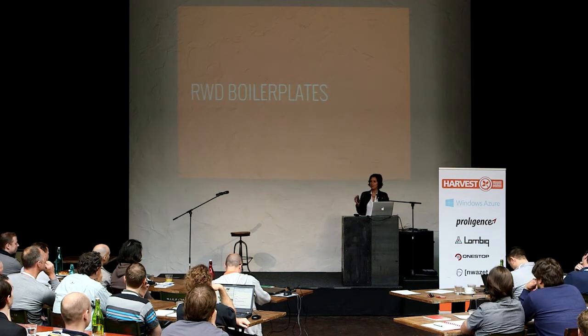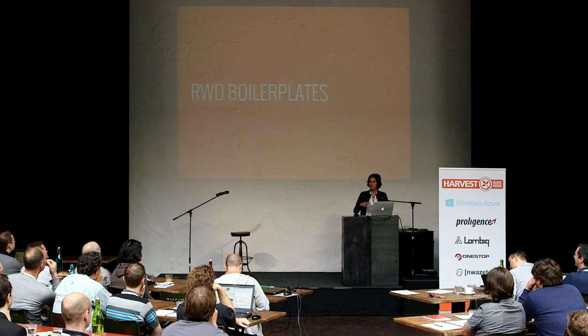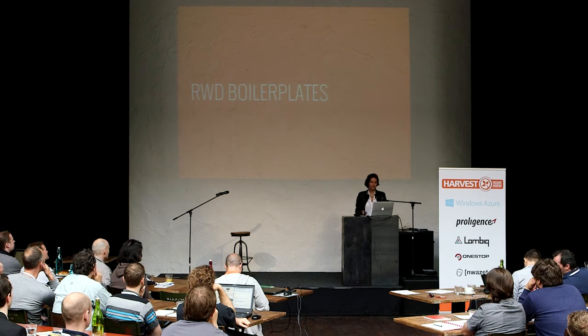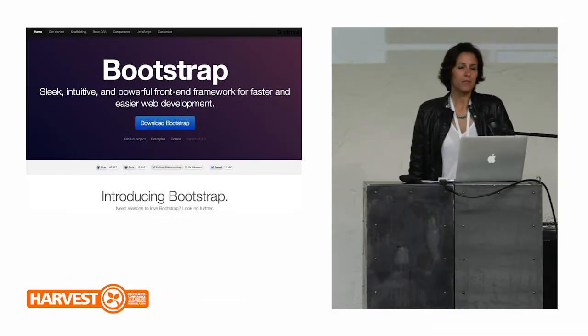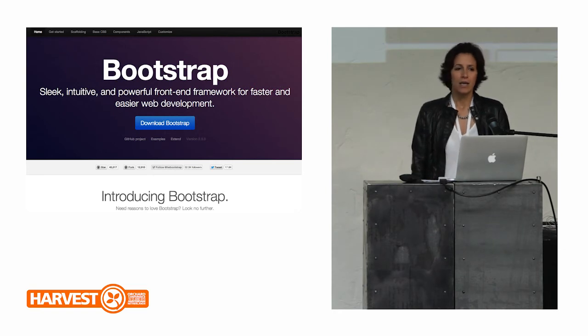And all of this can be found in what are called boilerplates, which are frameworks that include all this. We have Twitter Bootstrap, and we've seen that a lot of you are using this. It's a very complete framework. It includes styles for pretty much doing everything.